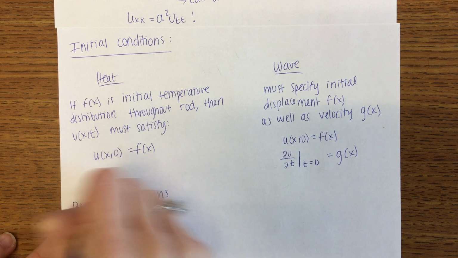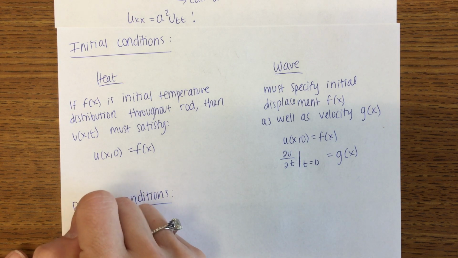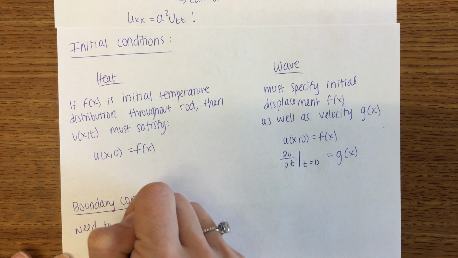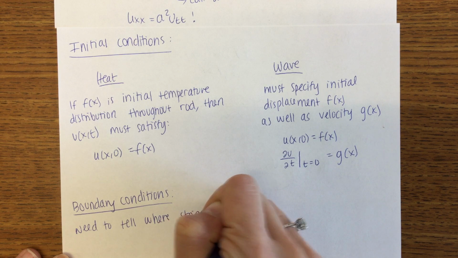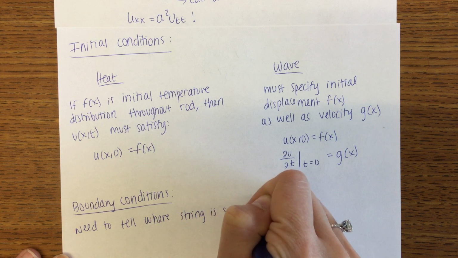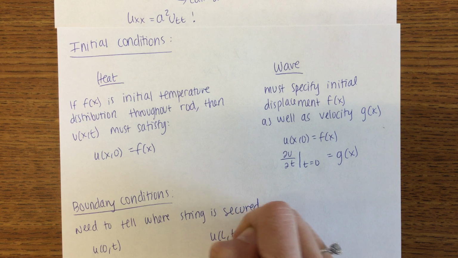We also need boundary conditions. In the example of the wave equation, we need to tell where the string is secured. So this is going to be u of 0,t and u of L,t.